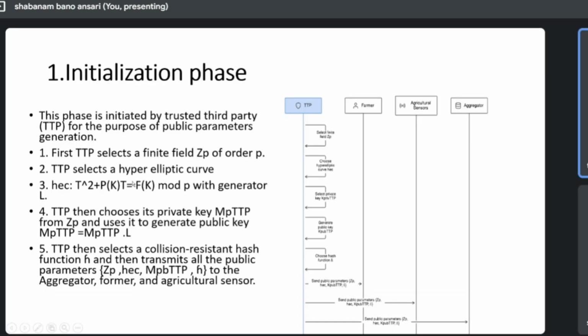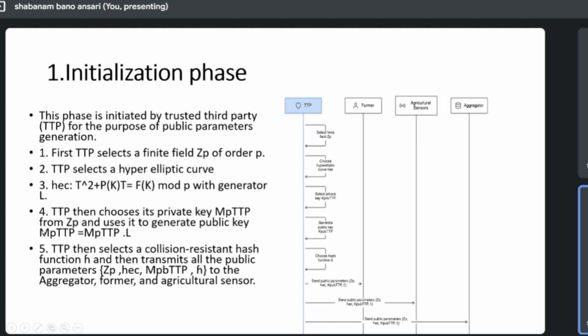I can see the initialization phase is written here and the corresponding diagram is here. There are the TTP, farmer, agricultural sensor, and aggregator. First of all, the TTP selects the finite field Zp, and then chooses the hyperelliptic curve. Then he selects the private key and generates the corresponding public key.